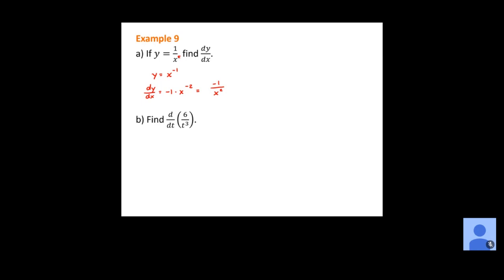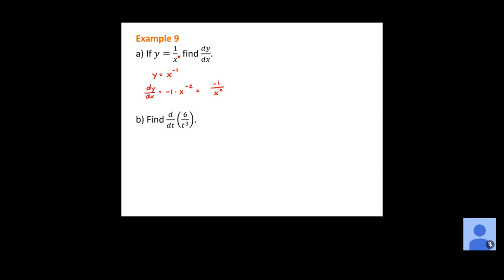All right, so now we're looking for d dt, again, just the first derivative of 6 over t cubed. So what's our first step going to be? You could, right? So you could do this as a quotient rule if you wanted to. Think of the numerator as f, think of the denominator as g.